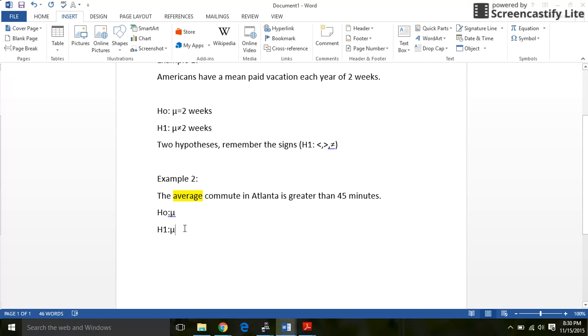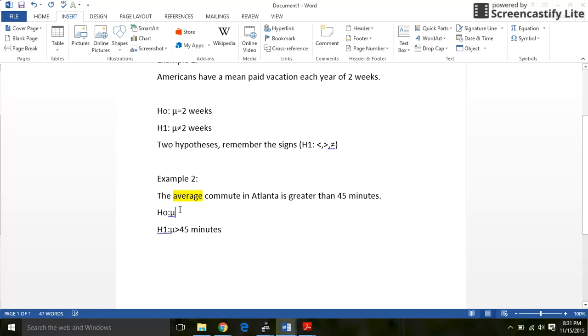So I'm going to answer my alternative hypothesis first, and I'm going to put the greater than sign in 45 minutes. I did that because they are stating the claim that it's greater than 45 minutes. And remember, in my alternative hypothesis, all I can have is less than, greater than, or not equal to.